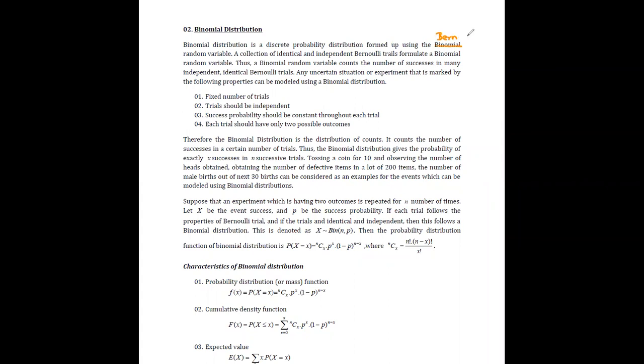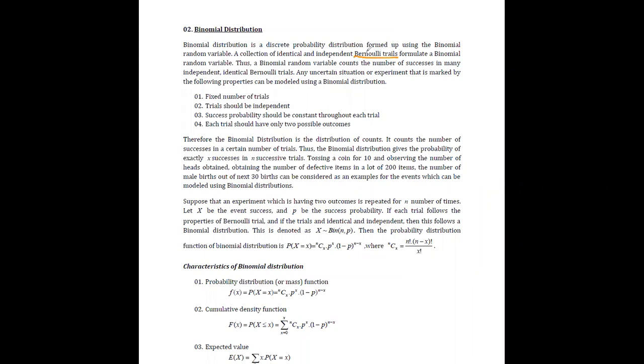The next line mentions a collection of identical and independent Bernoulli trials. This binomial distribution is for a binomial random variable, and this binomial random variable is formed using a collection of Bernoulli trials.